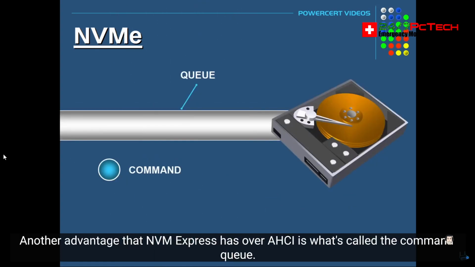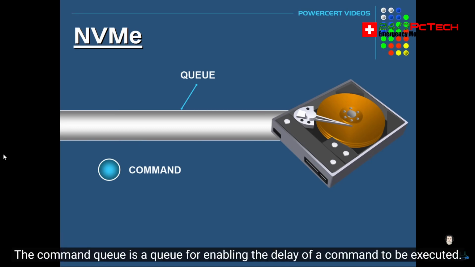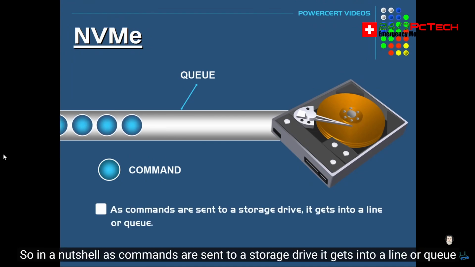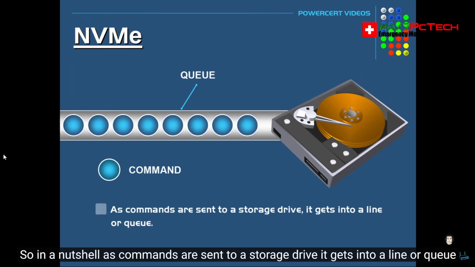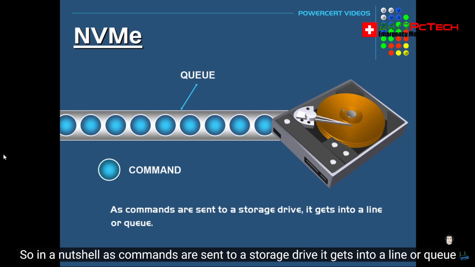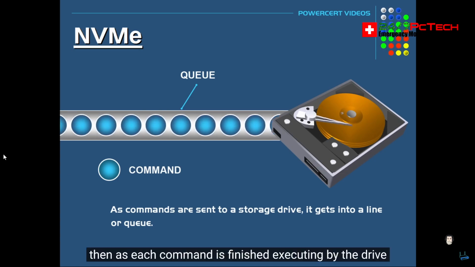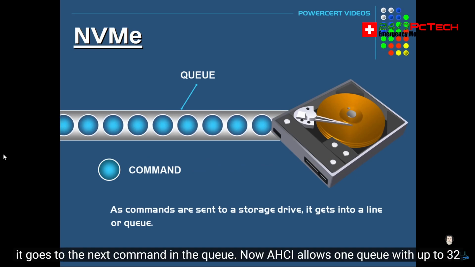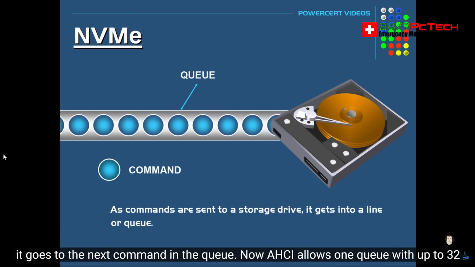Another advantage that NVMe Express has over AHCI is what's called the command queue. The command queue is a queue for enabling the delay of a command to be executed. So in a nutshell, as commands are sent to a storage drive, it gets into a line or queue. Then as each command is finished executing by the drive, it goes to the next command in the queue.